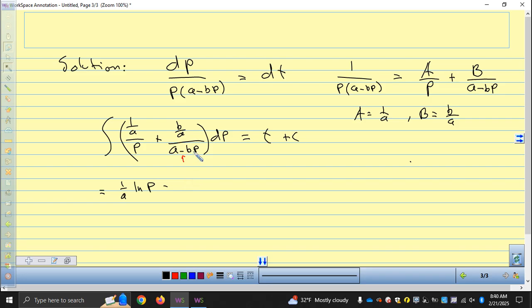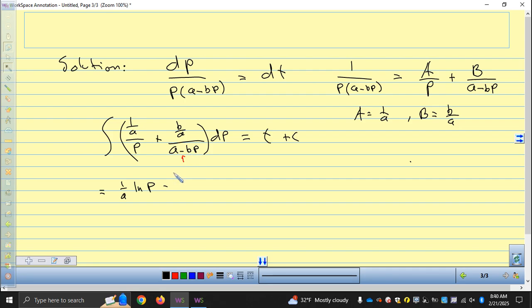Minus, I'm going to use a U sub here. U is A minus BP, so du would be negative B dP, or negative 1 over B du equals dP.